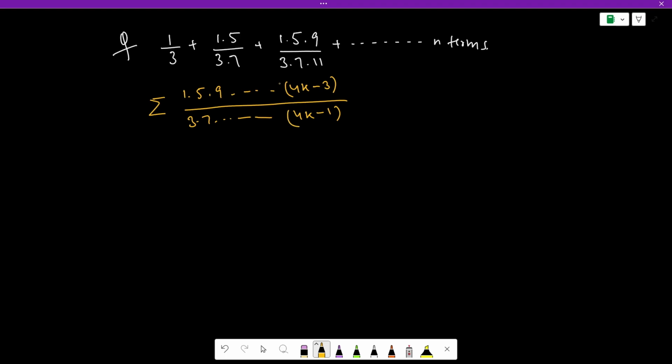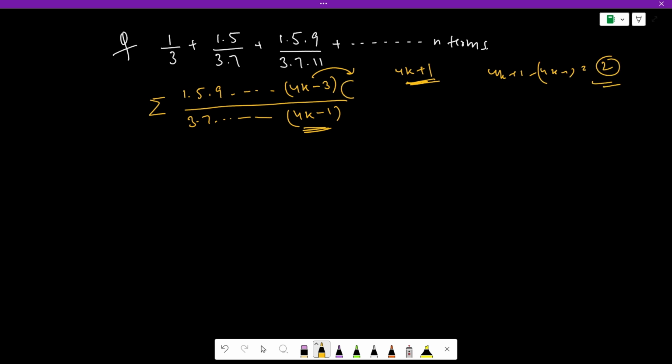Now again we use that same observation that we used in the last question. So that is find the next term for this, that will be 4k plus 1, and take the difference of both of them. So that will be 4k plus 1 minus 4k minus 1 equal to 2.